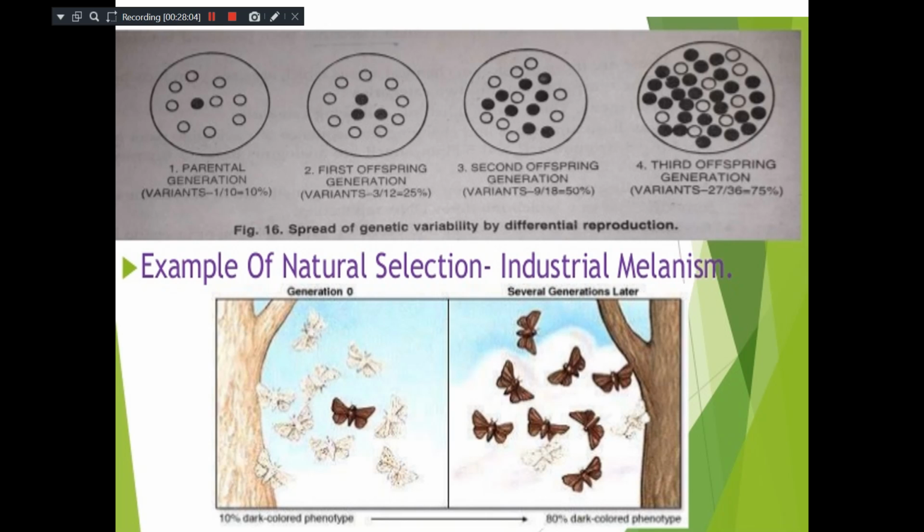All of them started depositing on the tree trunks. You know, the lichens are more susceptible to pollution. As a result of the increased amount of pollutants in the air, slowly the lichens degenerated or died. And the tree trunks were coated with this tar, soot, dust, mostly dark in color.